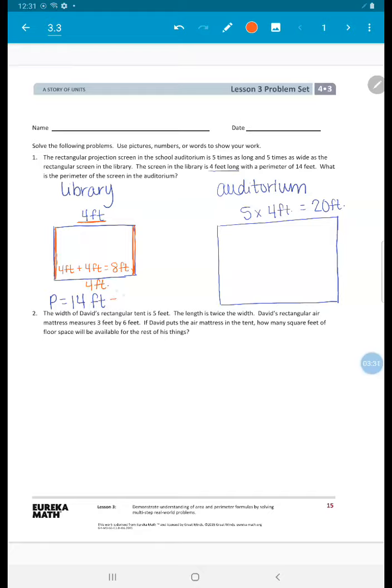The top and the bottom have used 8 of those feet. 4 plus 4 is 8. So that means that I have 6 feet left. And I need to split those 6 feet in between the two sides that are unknown. So I know that half of 6 is 3.